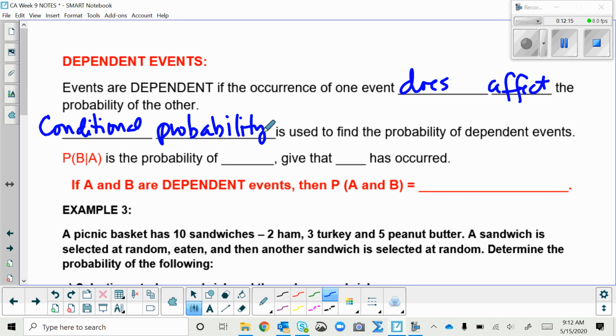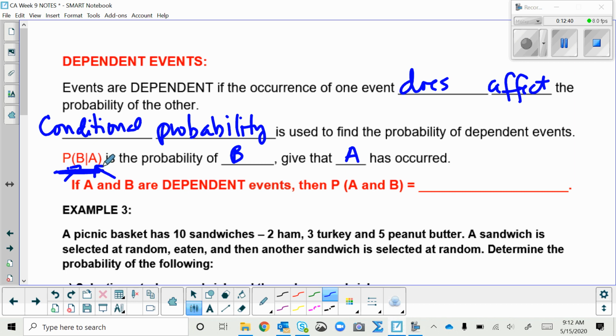And we're going to write that one, this notation like this. The conditional probability of B and A is the probability of B given that A has occurred. Okay. So this is saying, what's the probability that B happens if A has already happened? Okay.